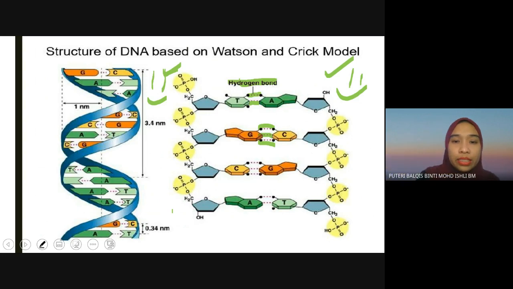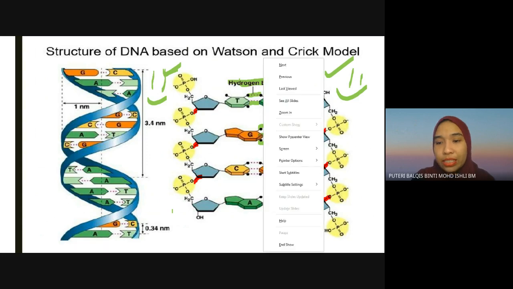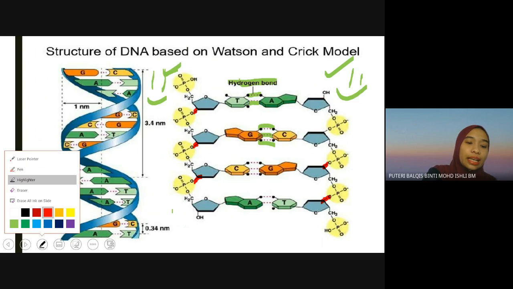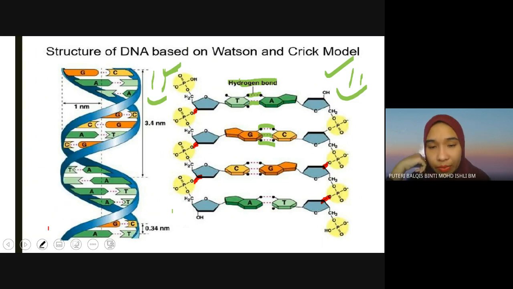So, phosphodiester bond is this one, the one that I highlighted in red. Okay, ini adalah phosphodiester bond, a bond that connect one nucleotide to each other.